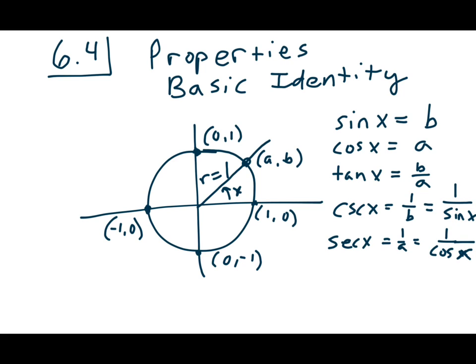That's its identity. And then cotangent of x is a over b, which is the reciprocal of tangent, which is 1 over tan x.